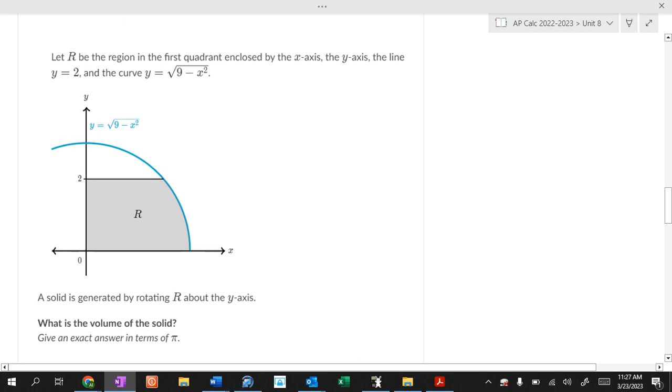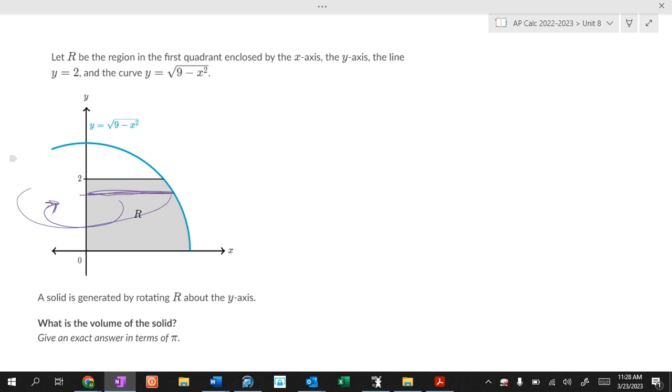Now let's take this one. This time, instead of wrapping it around the x-axis, we're going to wrap it around the y-axis. Our discs are going to go this way, and our circles are going to go around.